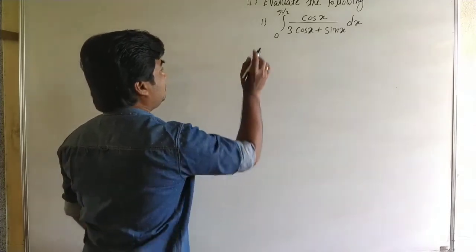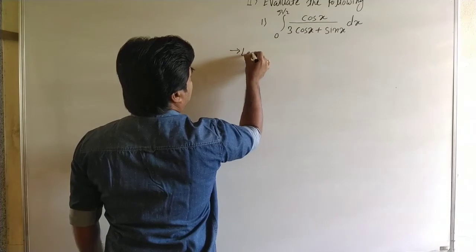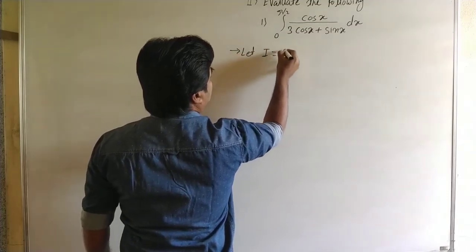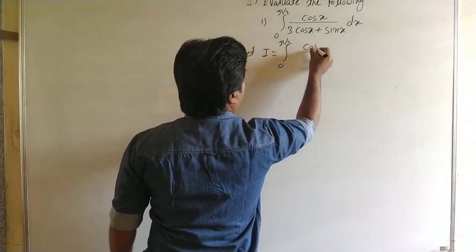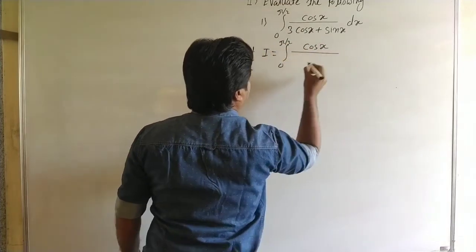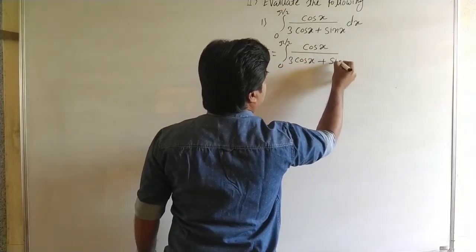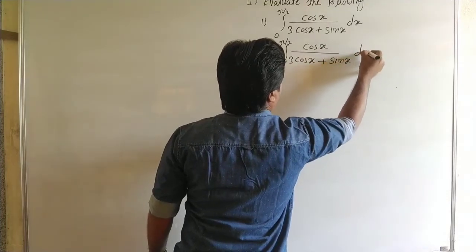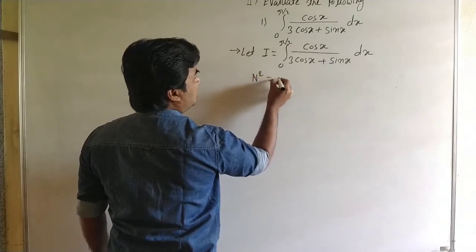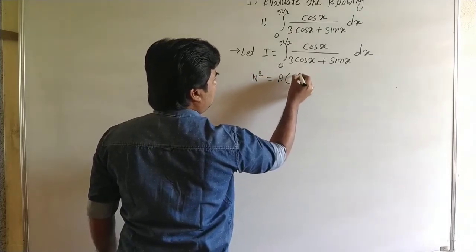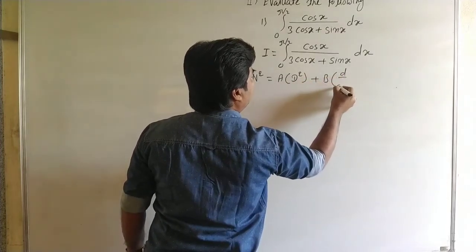Here, let the integral from 0 to pi by 2 of cos x upon 3 cos x plus sin x dx. Now the method is: numerator equals a into denominator plus b into derivative of denominator.